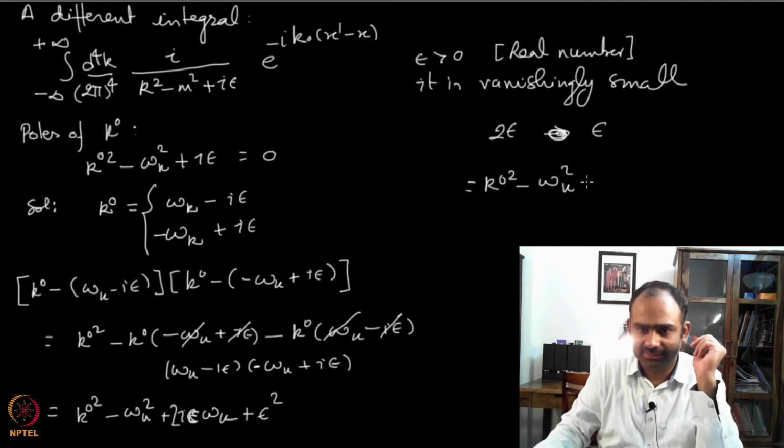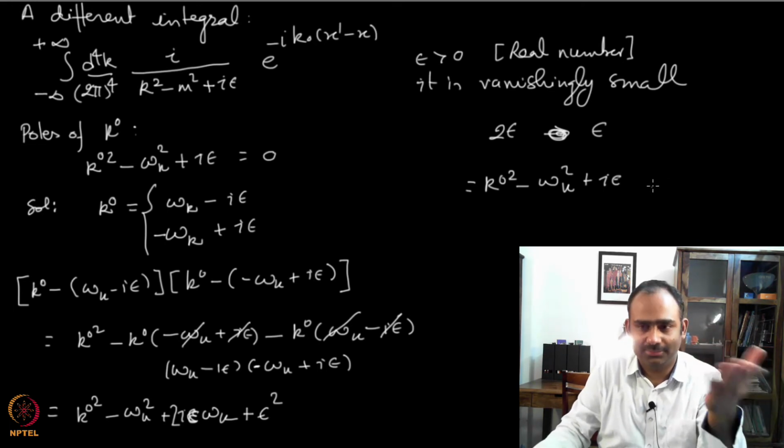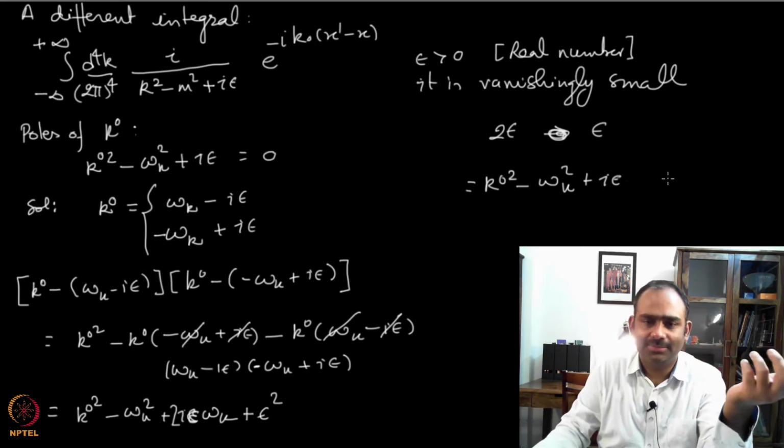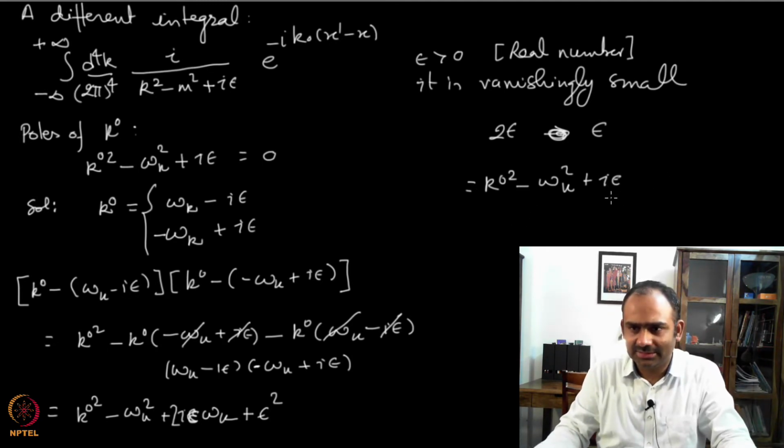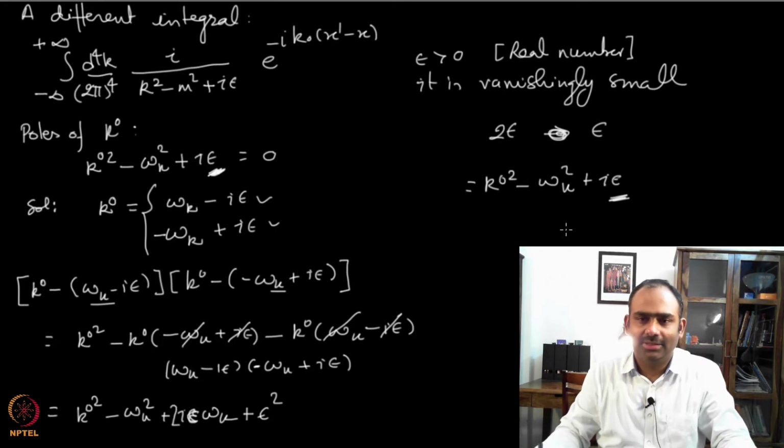I can write it the same thing as i epsilon, since omega_k is also absorbed there. If I can absorb 2, I can absorb omega_k also, and I drop the epsilon^2 term because it is 1 order higher in smallness. Okay, so, you see that this is exactly what we started with. So, clearly these two are the solutions, that is what I have shown. So, let us see where the poles are in the k0 plane. The poles are here.